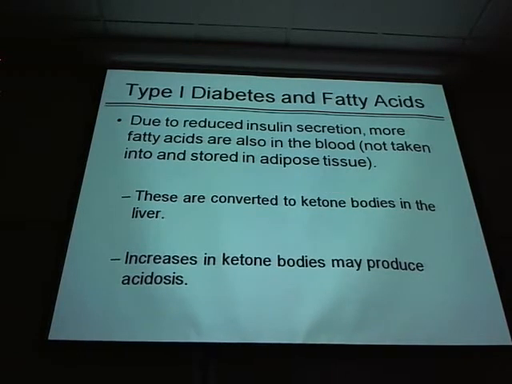Type 1 and fatty acids. Due to the reduced insulin, you're going to use more fatty acids for energy. You're going to see your ketone bodies go up. When you get out of whack, and we've talked about this before, you get what you call a diabetic ketoacidosis or a DKA. That is a life-threatening situation.